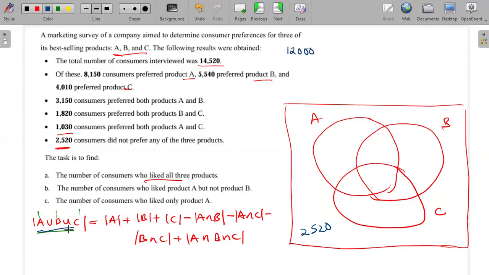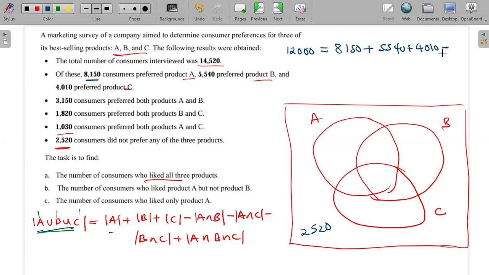So that is our A union B union C. And then those that are in product A, we've been told that's 8,150 there. And then those that prefer product B, 5,540. And those that prefer product C, 4,010.